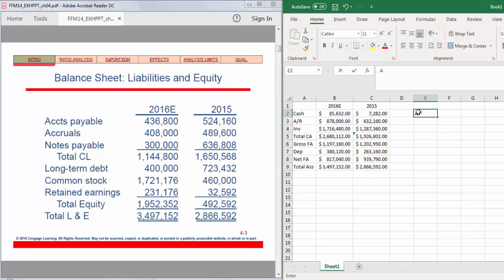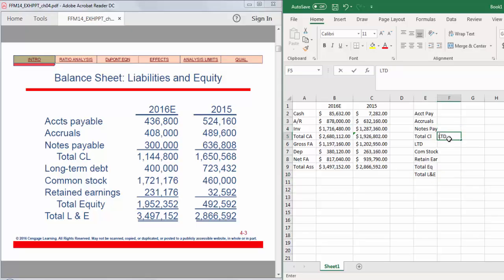We got the accounts payable, accruals, notes payable, and we got total current liability, long-term debt, and then you got common stock, we got retained earnings, we got total equity, and then total liabilities and equity.